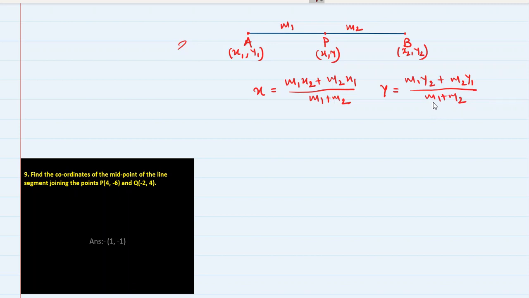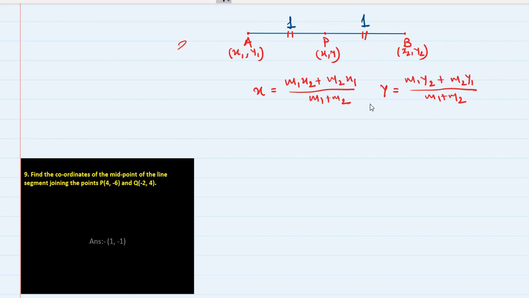But what if in a special case the point P which we are talking about is the midpoint of line segment AB? If it is midpoint, then M1 and M2 would be equal. That means the ratio in which a midpoint divides the line segment would be 1:1. That means M1 and M2 both are 1.